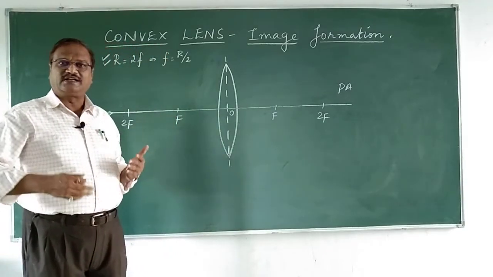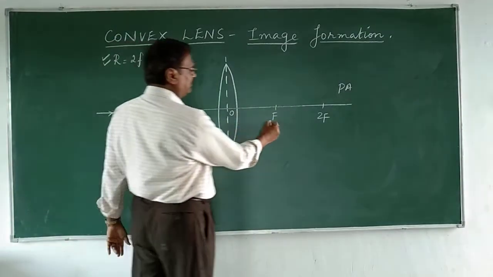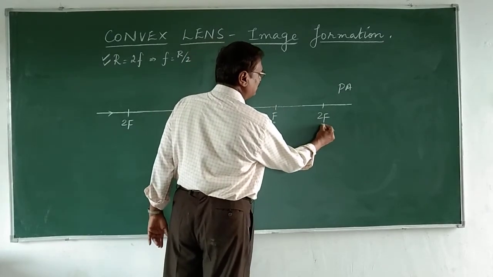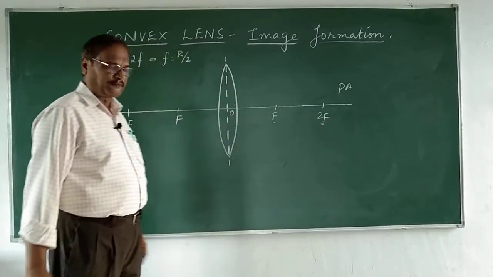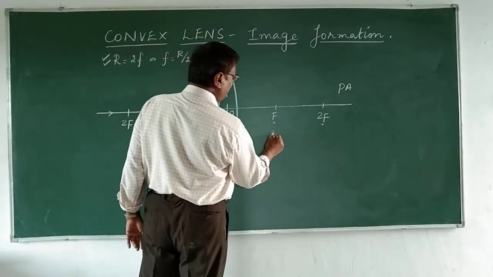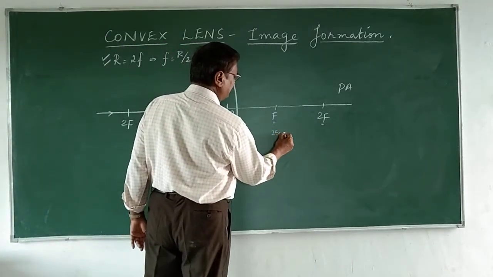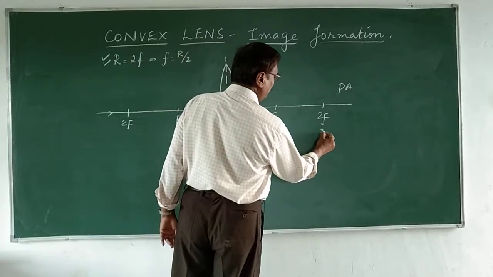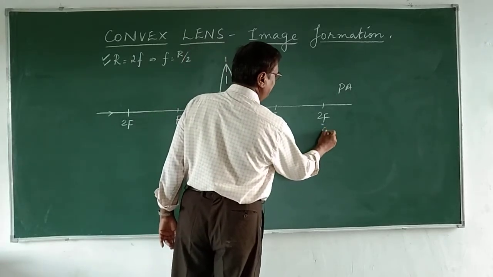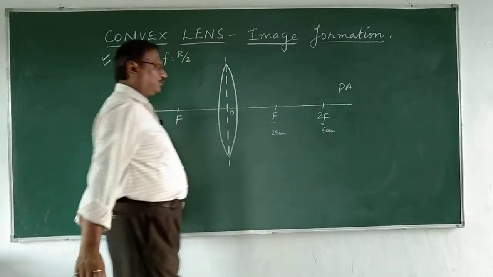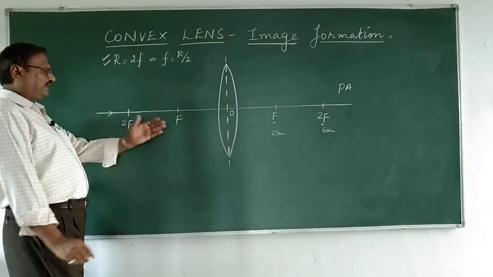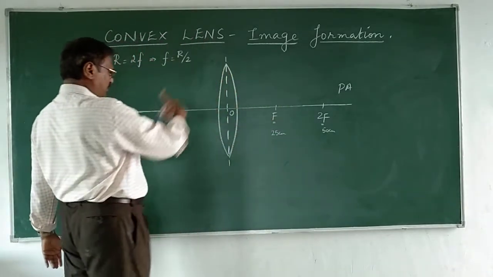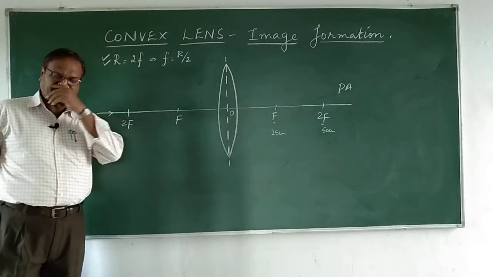Because of that, I have taken one as focus F and double the value of focus as 2F. For example, if I take 25 centimeter as the focal length, then 2F is equal to 50 centimeter. I hope you understand. The same thing I have taken on the left hand side, because the light can come from this side also and converge.